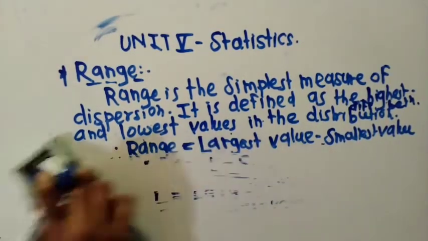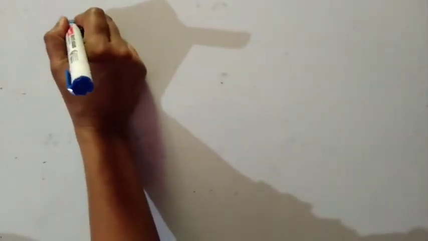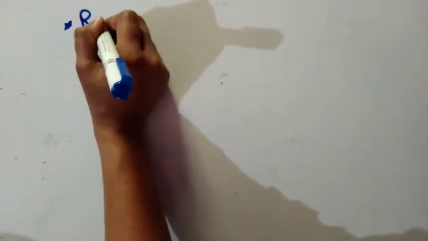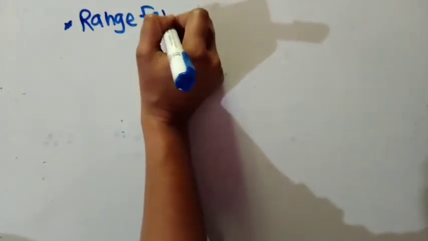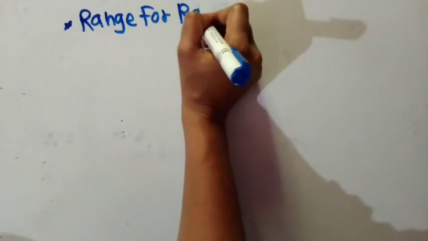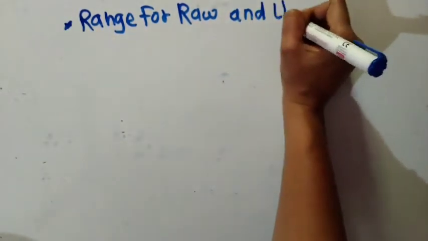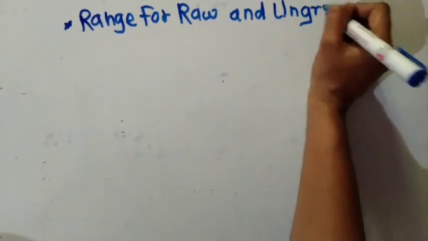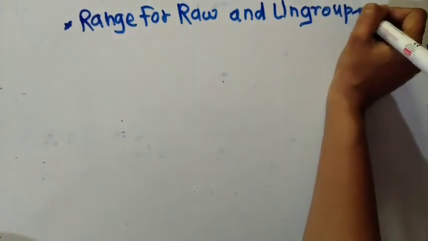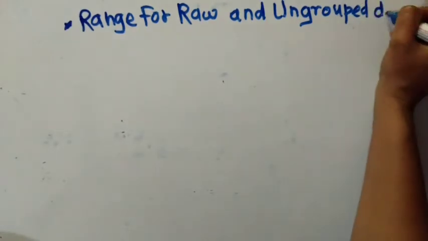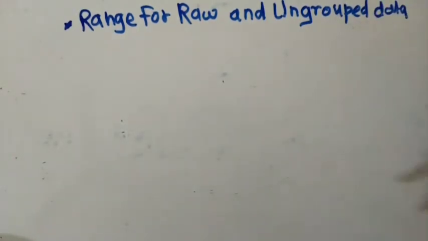Then the second point is range for raw and ungrouped data. Ungrouped data and raw data साठी range find out कशी?